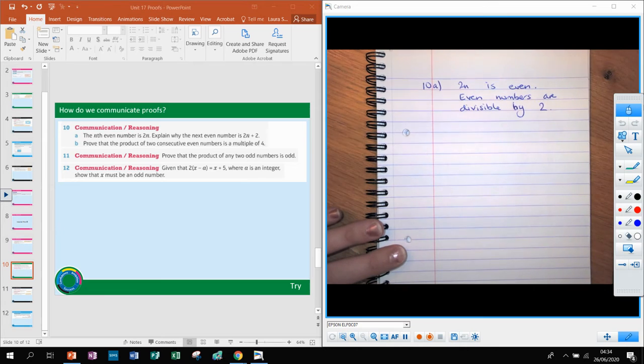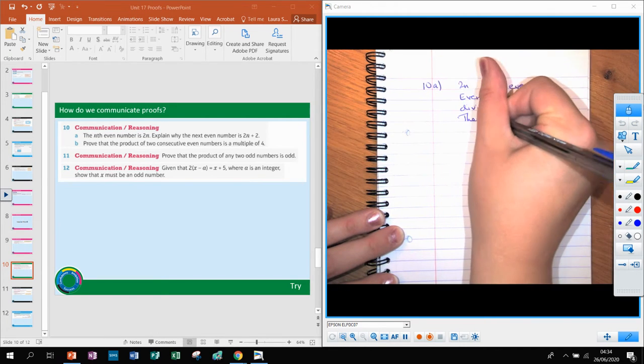Okay, so even numbers are divisible by 2. Now there's different ways you could explain this, okay? The simplest way is to say that therefore even numbers will always be a value of 2 apart.